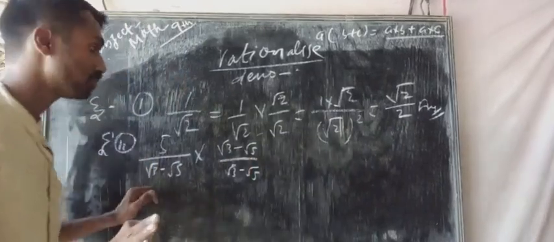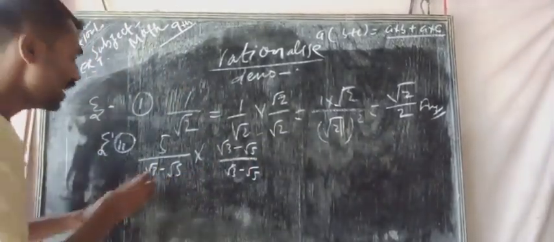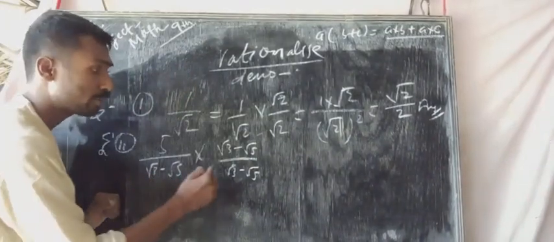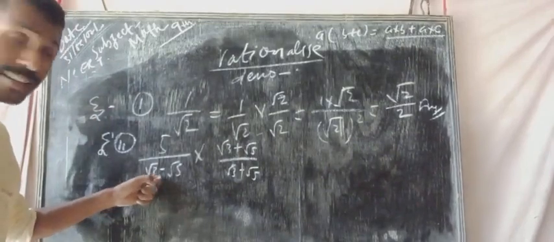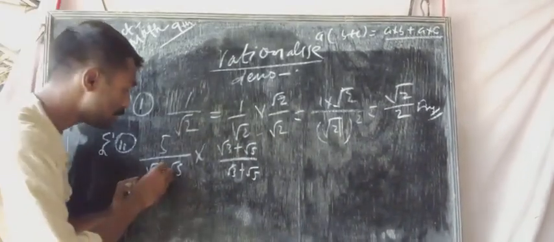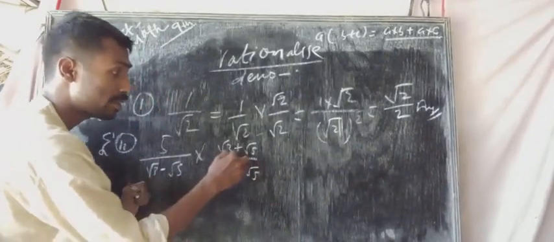But one thing is important: you have to change the sign. That means if there is minus, you should multiply with plus. If there is plus, you should multiply with minus.